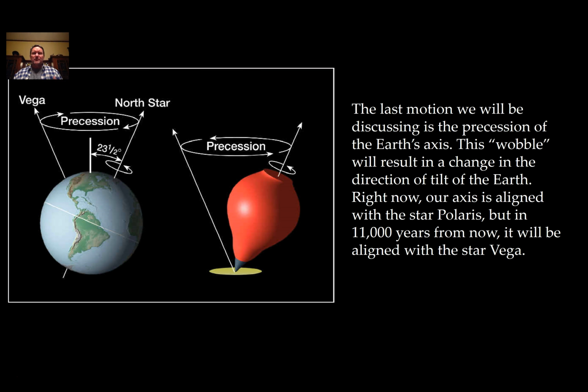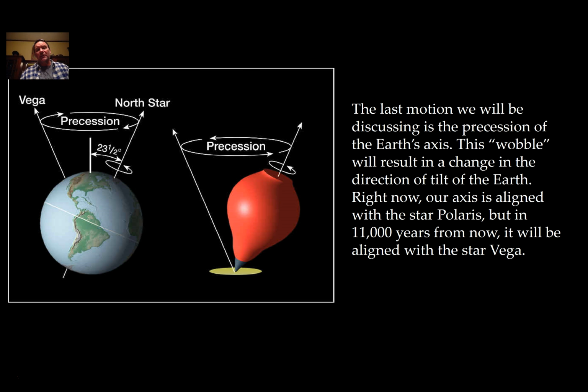Okay. Let's go ahead and address this first because it's one of the easiest ones to say how it will change the night sky. Well, the first thing that you can notice over here is right now our axis is lined up with the North Star, Polaris, and it stays in constant connection with that star. So it's almost a perfect alignment. It's not quite perfect, but it's almost perfect.